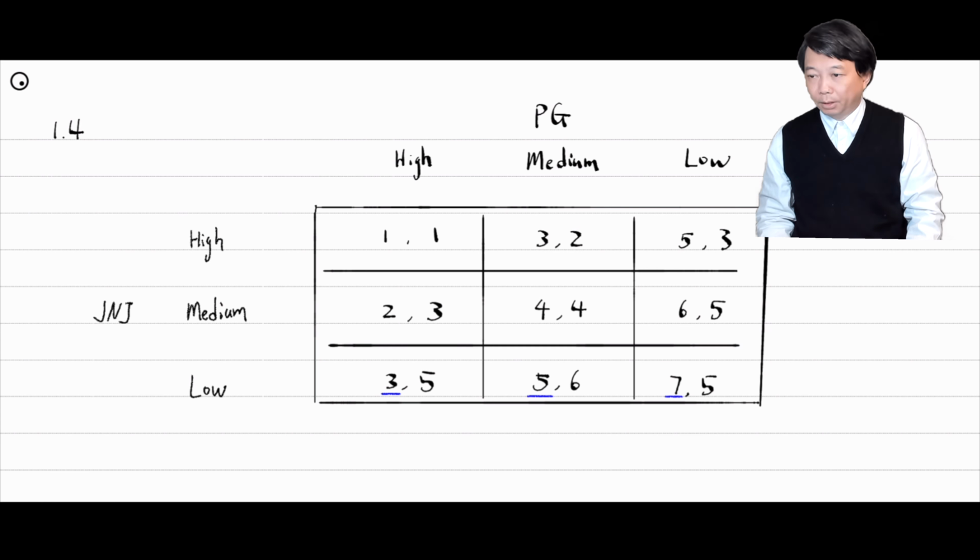By the same reasoning, we can find P&G's best responses to each of its rivals' actions. If Johnson & Johnson chooses a high level of advertising, P&G's best response is to use a low level of advertising because it gives the highest payoff among its 3 choices. We underline the payoff of 3.